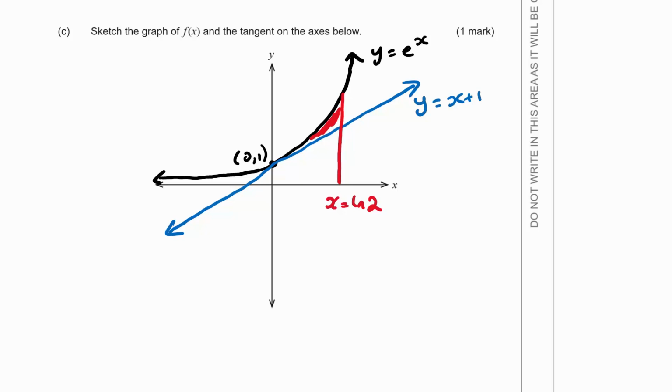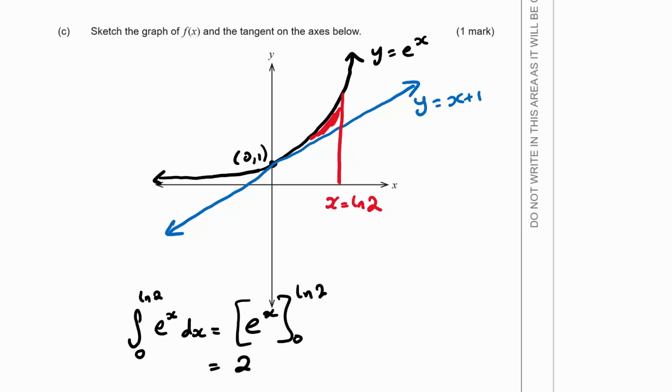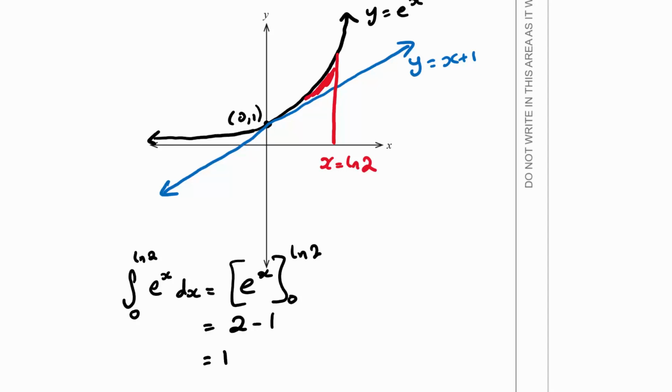So that's going to be the area under the curve, take away the area under the line. So that would be the integral of e to x from 0 to ln 2. That's the area under the curve. So that's going to be e to the x from 0 to ln 2. E to the ln 2 is 2, e to the 0 is 1. So that area is just 1 square unit.